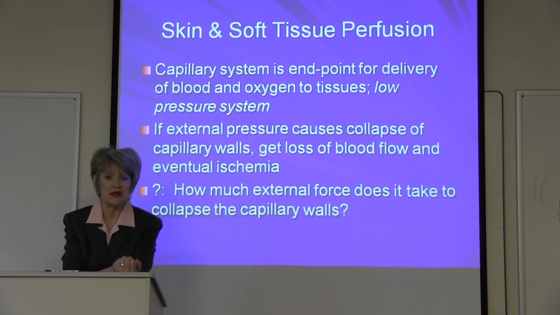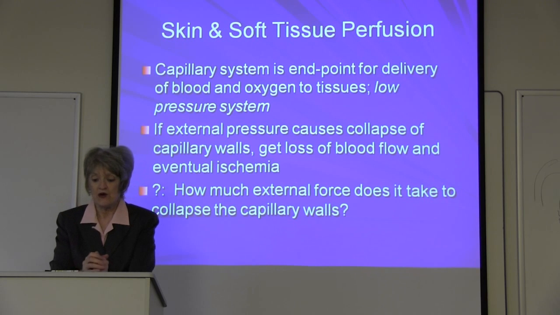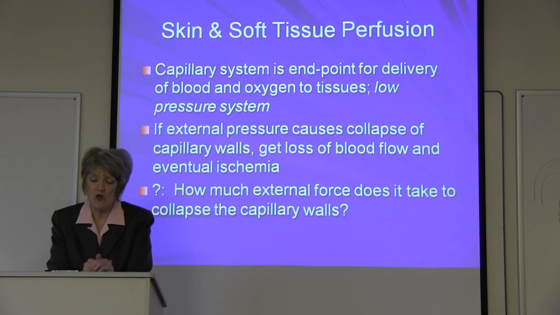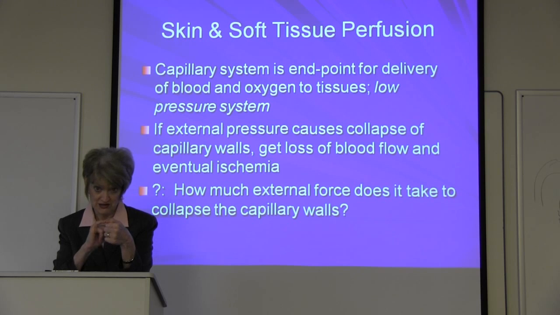Okay, so how much peak pressure does it take to collapse the capillary, to shut down the capillary bed over a bony prominence? Well, there were some studies done way back before anesthesia by a researcher named Landis. And what he did was he took little pipettes and he drove them under the nail beds of his poor subjects and connected them to manometers to see what the pressure was in the capillary beds.